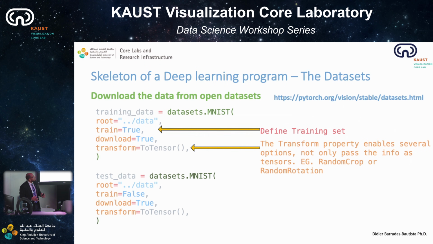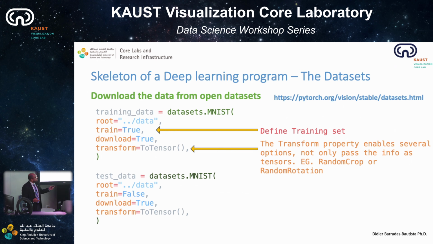Okay, the next part is actually the datasets. Usually you will find a section about the data, and in PyTorch it's really easy. You will find that many people complain about data loaders because those are talking to the CPUs and importing the data into the memory. In this case, we are invoking something called MNIST. MNIST is a dataset of different numbers written in grayscale.